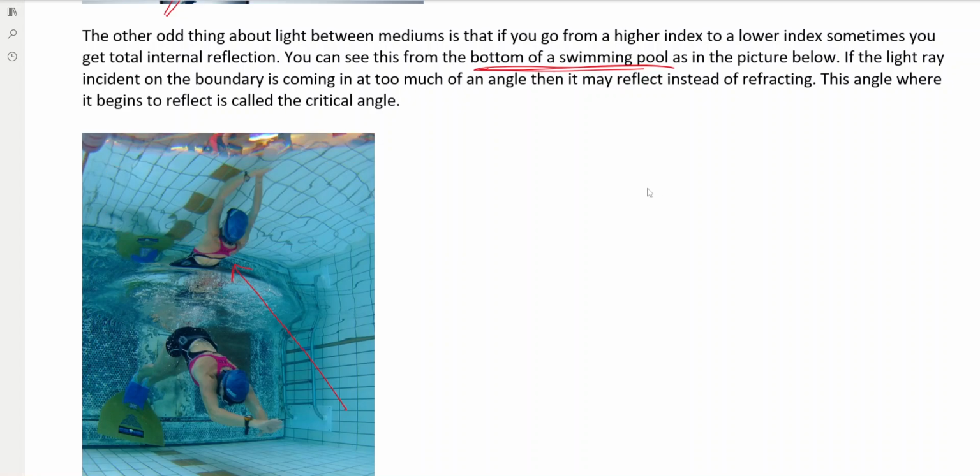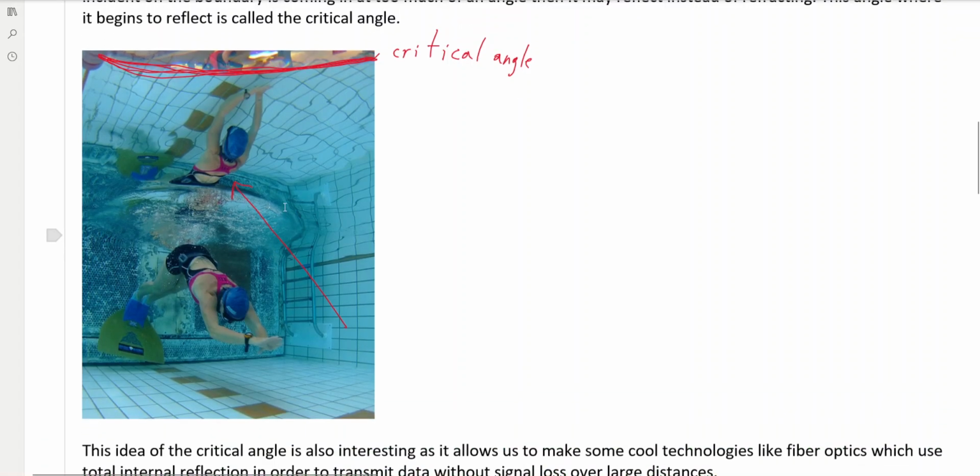So right here is the boundary between where it's internal reflection and where it's not. This is what we call the critical angle. You should look up at the surface of the water sometime and see if you can see this happening. You probably have to have goggles on, but it's pretty cool.